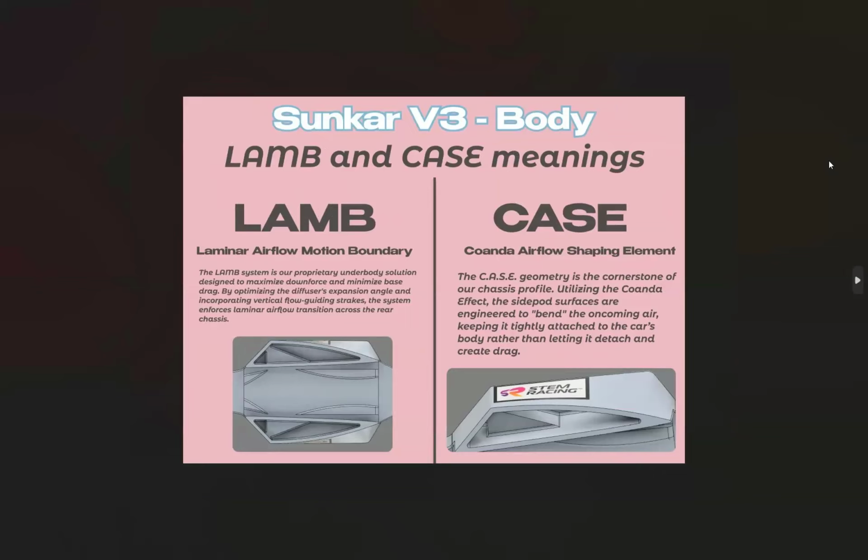Also, the things that we made without looking at the other cars are our LAMP and KEYS elements. LAMP is laminar airflow motion boundary. The LAMP system, in simple words, is a diffuser.